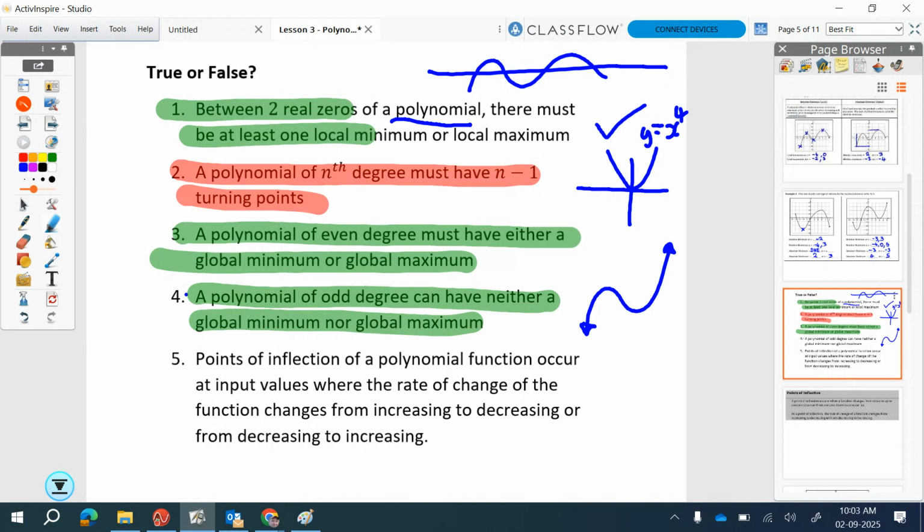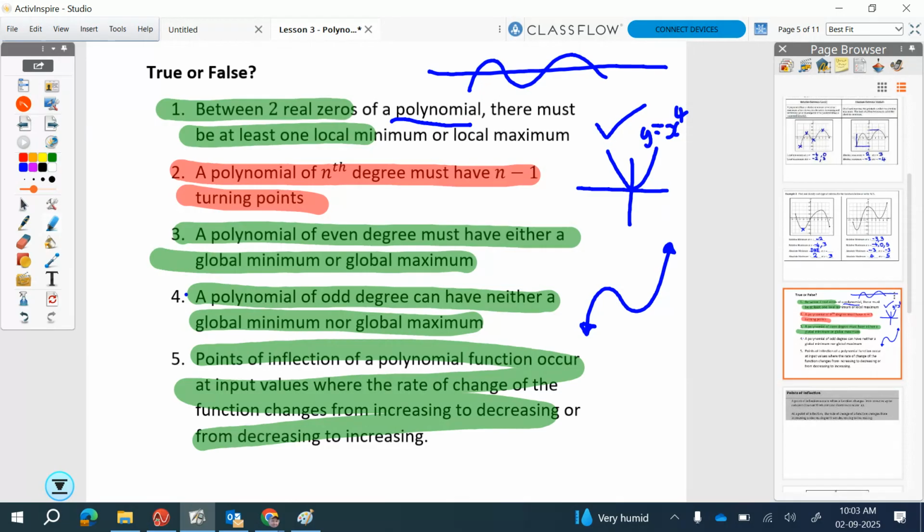This one is true. You are changing from concave up to concave down at a point of inflection. When it is concave up, the rate of change is increasing. When it is concave down, the rate of change is decreasing. So for it to change from increasing to decreasing is because we are at a point of inflection, changing concavity.